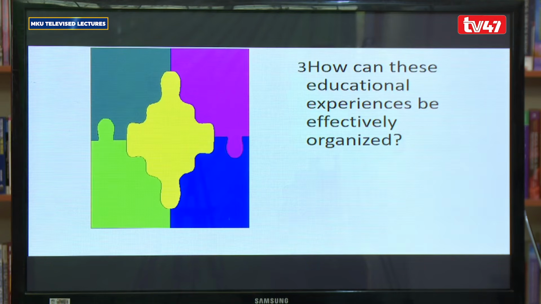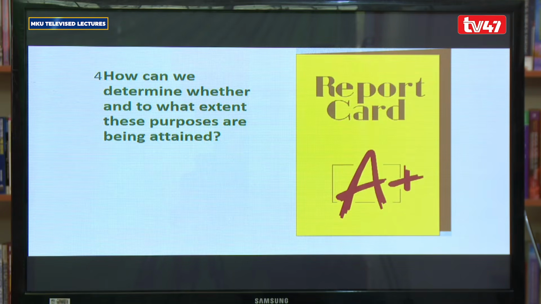Then thirdly, how can these educational experiences be effectively organized? When it comes to the curriculum, what is it that we are going to teach first as opposed to what we are going to teach at different stages? And then fourth, how can we determine whether and to what extent these purposes are being attained?